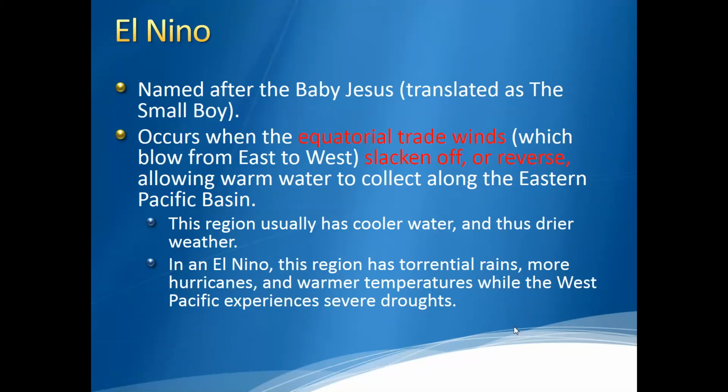So while El Nino means storms for us here in California and along the Eastern Pacific, in the Western Pacific it's a lot drier. And in fact, they oftentimes get droughts during that time.